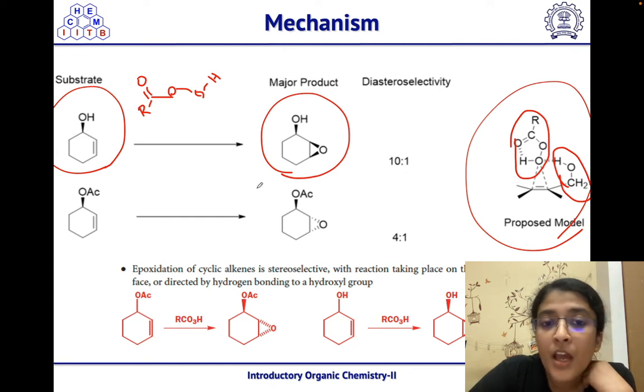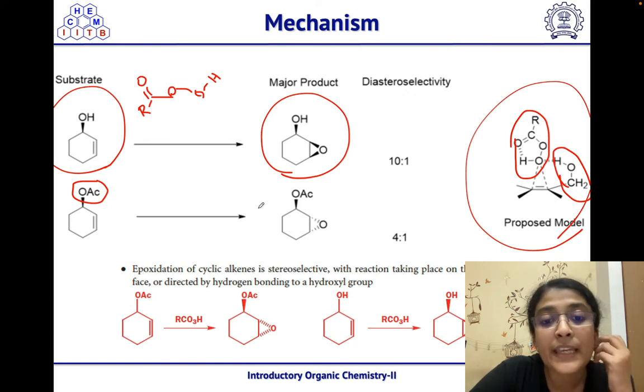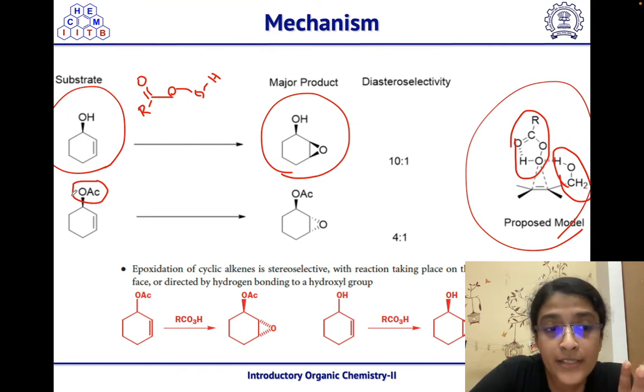Yes, ma'am. So, in our second example, we can see if there is no such alcohol, and instead of alcohol there is acetate, the peracid will come from the other phase. That is because here what determines the stereochemistry is hindrance. This OAc can hinder that peracid from coming from the above phase.